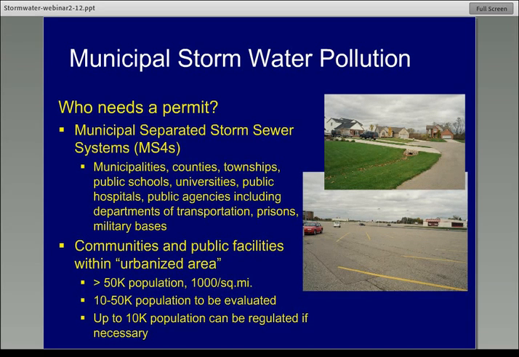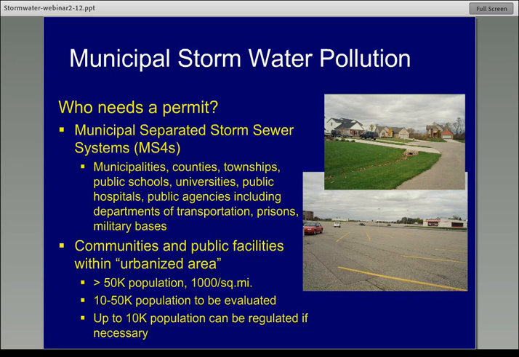So things do change after the census, and the states will readjust who is an MS4 and who is not. But up to this point, it has been greater than 50,000 people in population with a density factor there. 1,000 people per square mile is usually part of this definition.